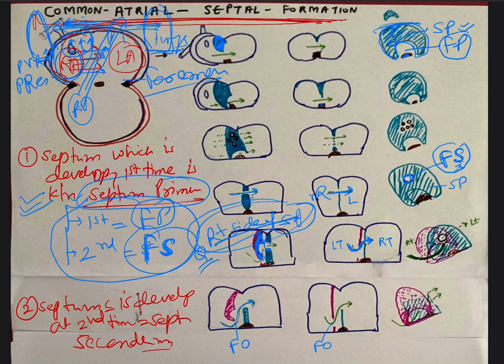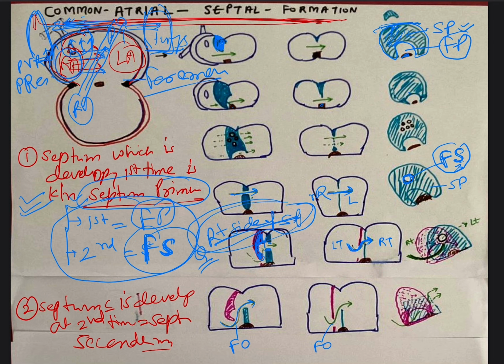When it grows, it comes to overlap the free margin of septum primum. Once the two septa overlap, blood has to flow through the interval between the septa. This interval is known as foramen ovale.